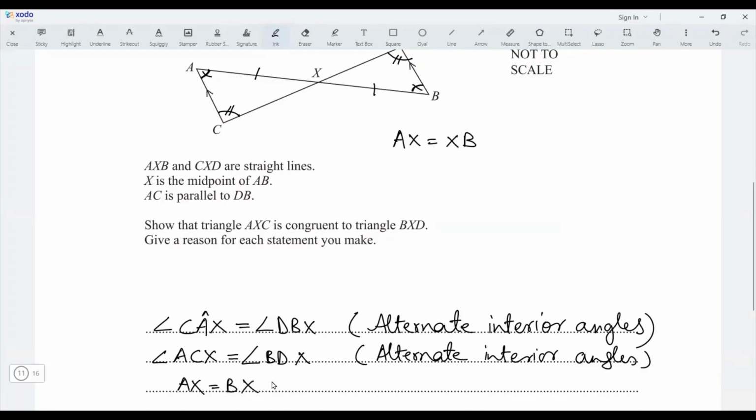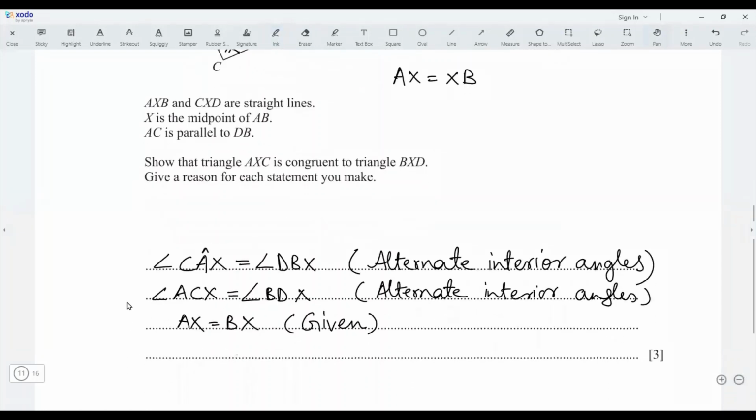We can say these two sides are equal because X is the midpoint, so we write down given in the question. So if two angles are equal and one side is equal, we can write down through ASA, angle-side-angle. Triangle AXC is congruent to triangle BXD.